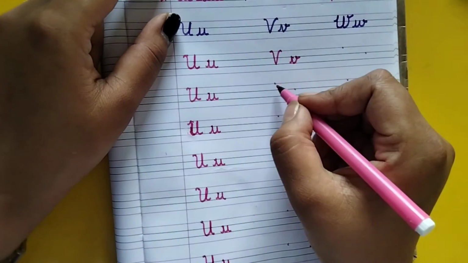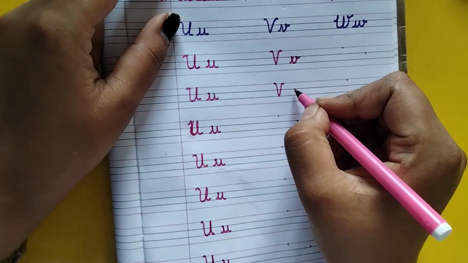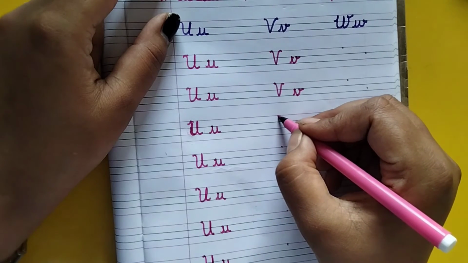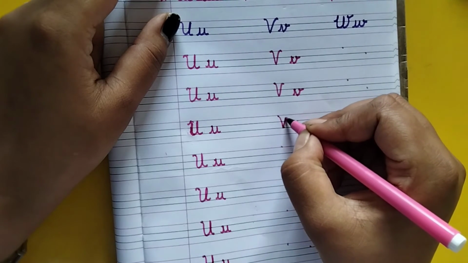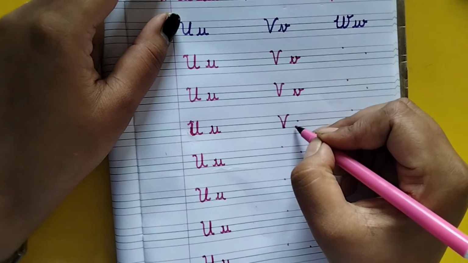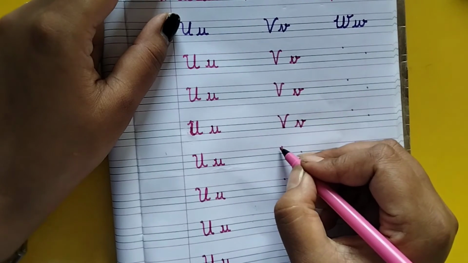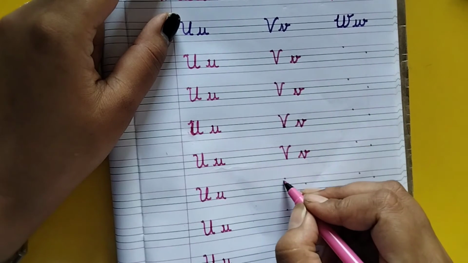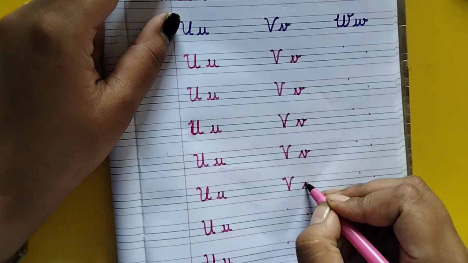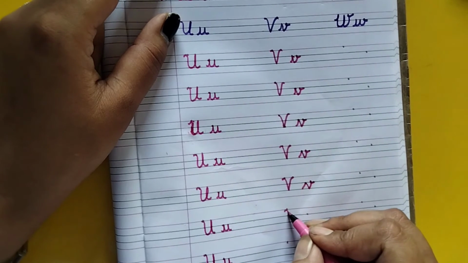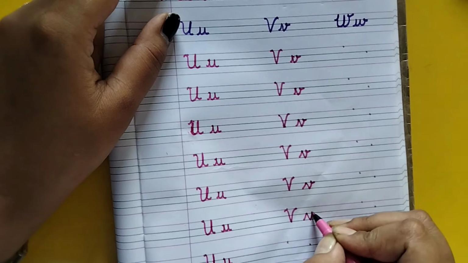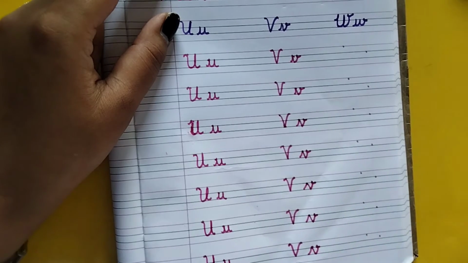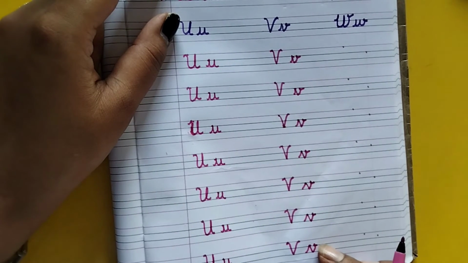Then V. Like this. Come down from up to third line, go up. V. Okay, like this.